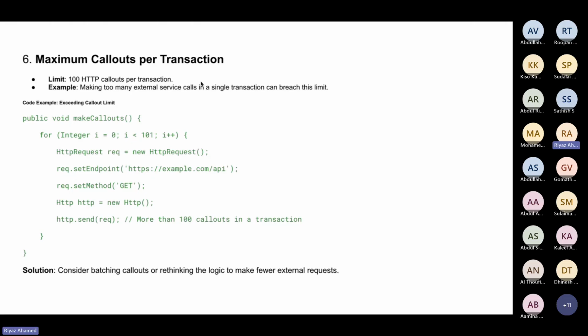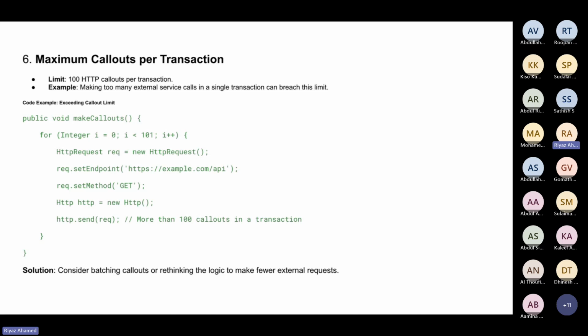So callout. Do you have any idea about callout? What is a callout? No one? Okay, I will explain. Callout means we are hitting from this system to another system. For example, when data is present in a third party system, from Salesforce we are hitting their system and getting the records.